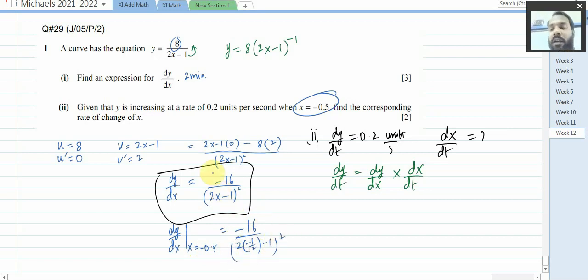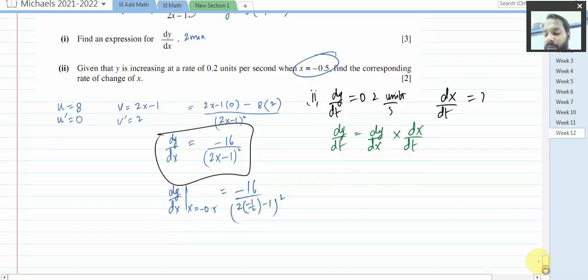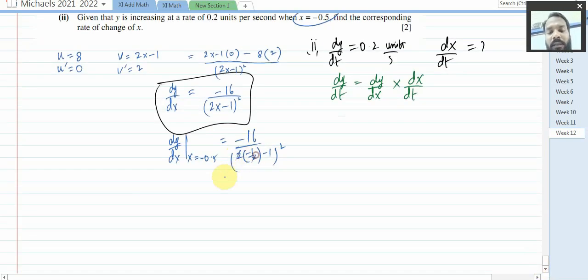So now it will be 2 and 2 cancels, so minus 16 divided by minus 1 it's minus 2, and minus 2 square is 4, and 16 divided by 4 it's minus 4. So that is the value of dy over dx at x equals to minus 1 upon 2.